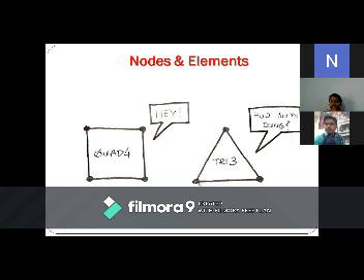Okay, two nodes, three nodes. The number of nodes inside the triangle is three. Then it makes one element, and produces one triangle that is known as the element. When three nodes meet with edges, they create one element. Okay, here this is the quad element.